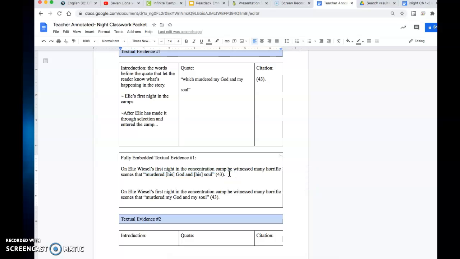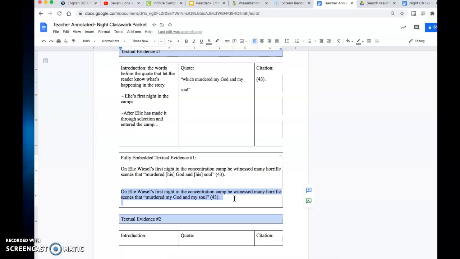The only thing that might be jumping out at you right now as unfamiliar are these brackets around the word his. So if I'm blending a sentence and trying to make it sound like one fluid sentence, I need to change these words. If I didn't, it would sound like this. On Elie Wiesel's first night in the concentration camp, he witnessed many horrific scenes that murdered my God and my soul.